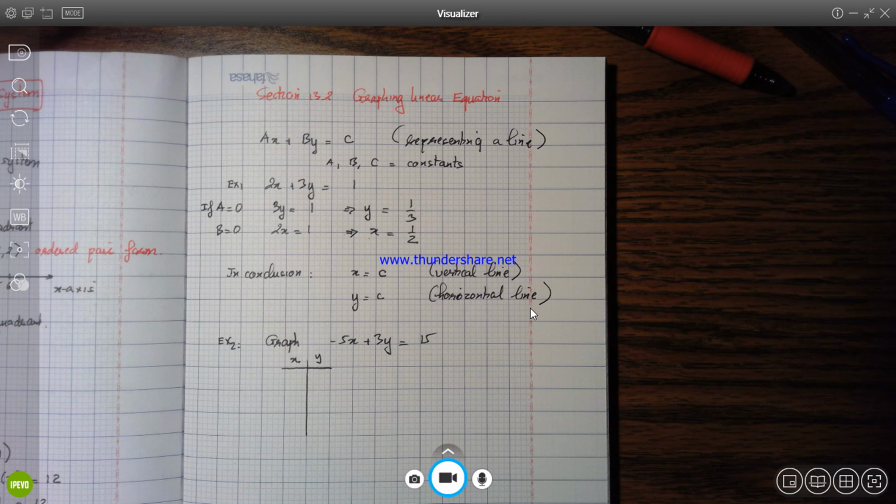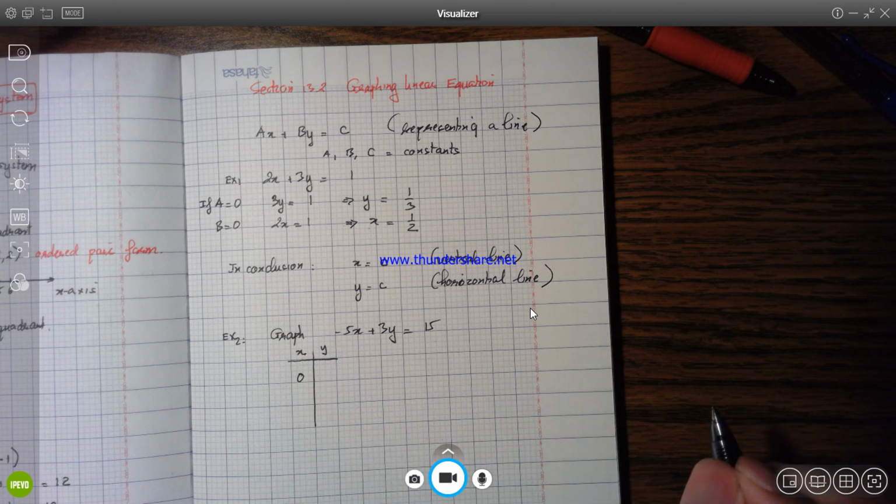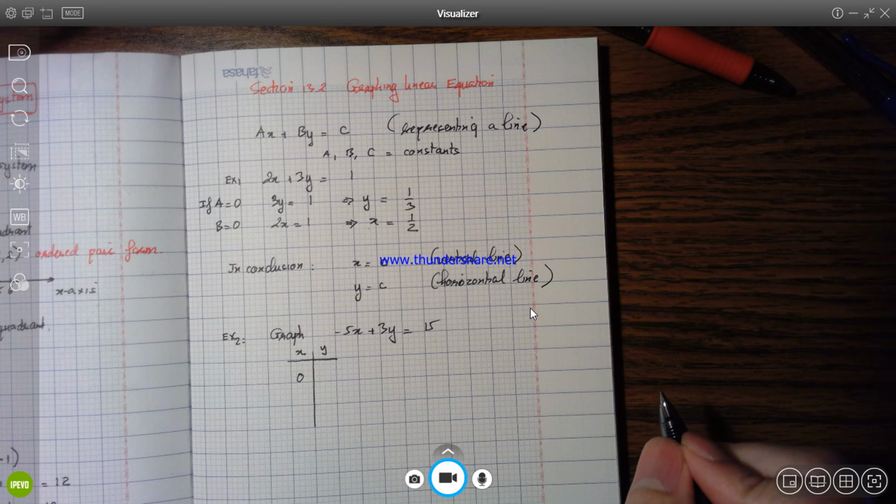So I always recommend that you have 3 points or 4 points. You can pick any value for x, and you can evaluate the y. It's up to you. So I'm going to pick 0. How about I pick -1?